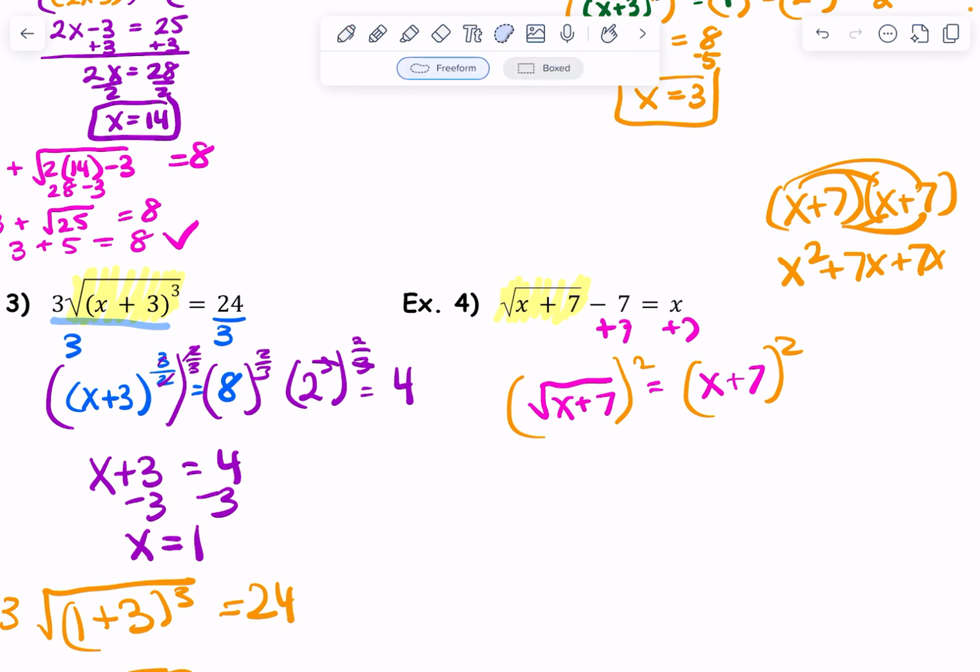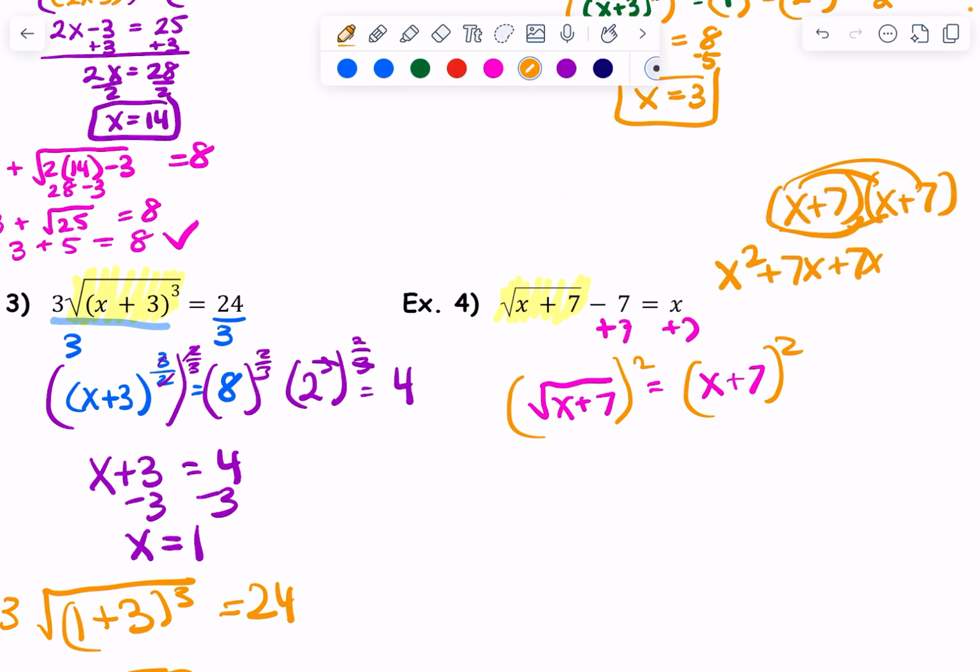Let's move this over. So we will get plus 49. And so this guy will turn into x squared plus 14x plus 49 equals, and then this is just x plus 7. But this is a square root, so we are going to have to check our answer.